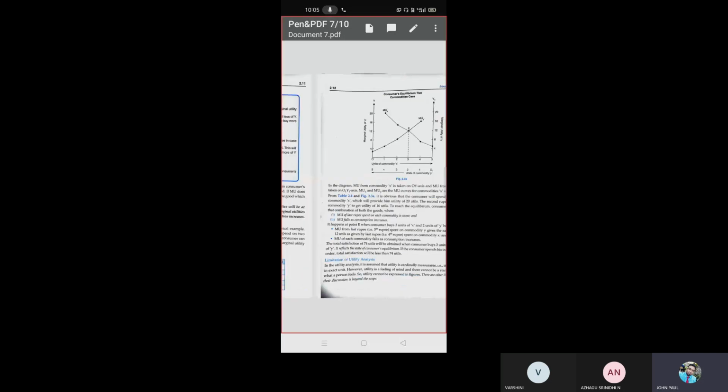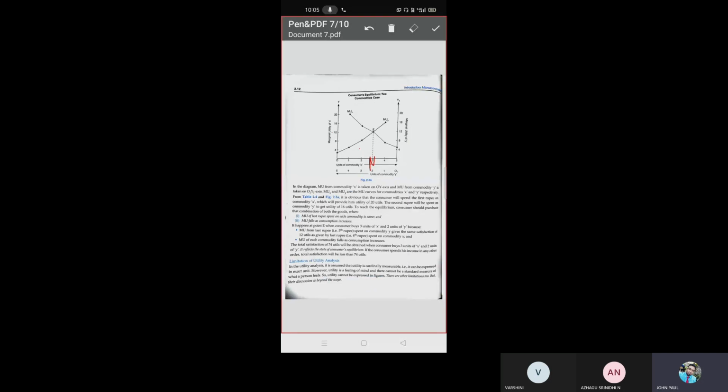When we consume the third time, the marginal utility of dairy milk is 12, whereas the marginal utility of munch is 8. Okay. So you can see this is 3 and this is 3. Now, which one is the equilibrium? The point where the utility of dairy milk is equal to the utility of munch, that point we will call the equilibrium.